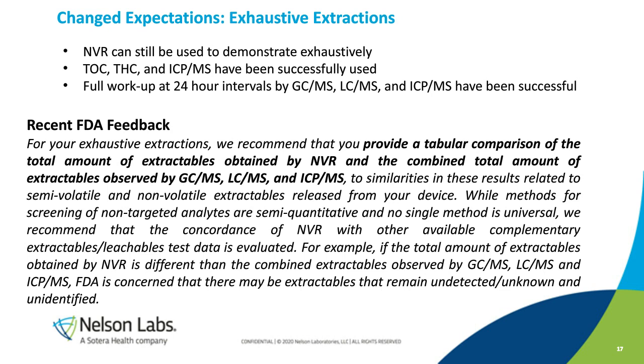The rest of that explains that if those 2 numbers don't agree, then they're worried, right? So when you do exhaustive extractions for these studies, if you use NVR, I think it makes sense to anticipate this comment and provide this type of comparison up front.